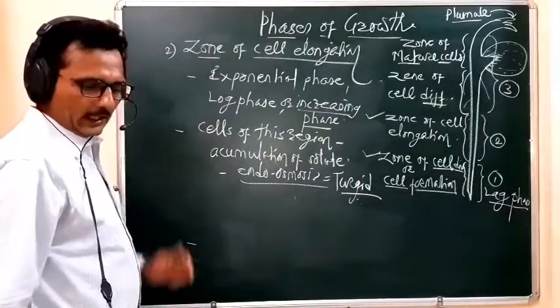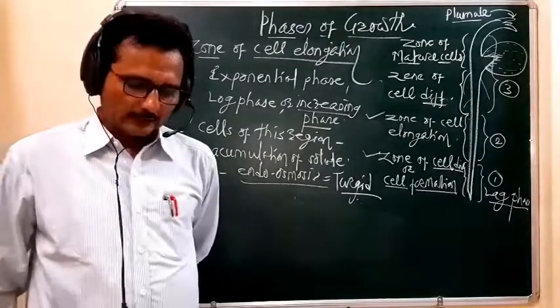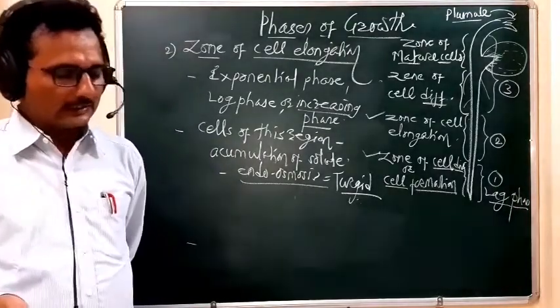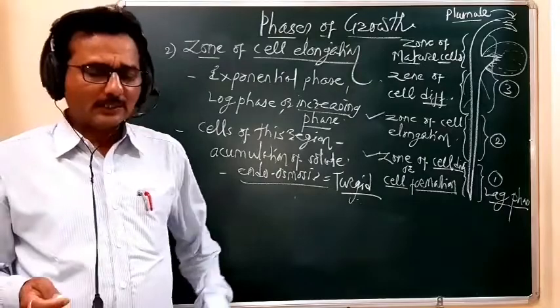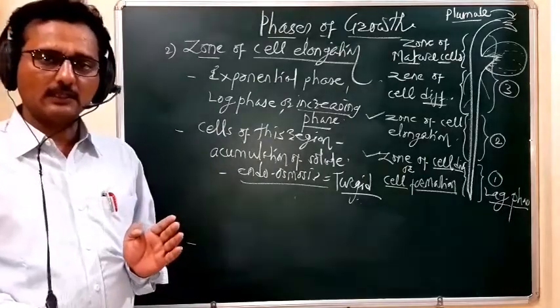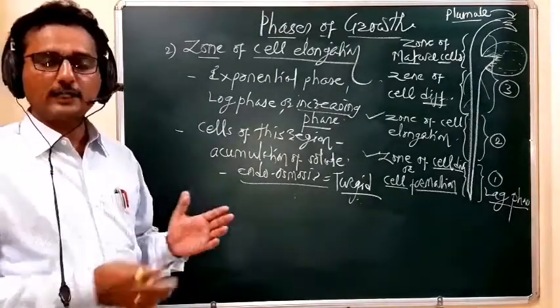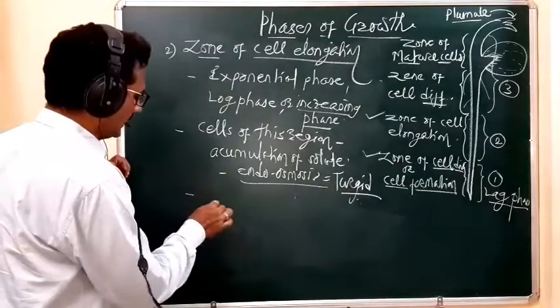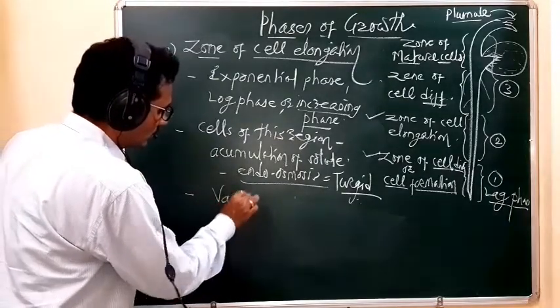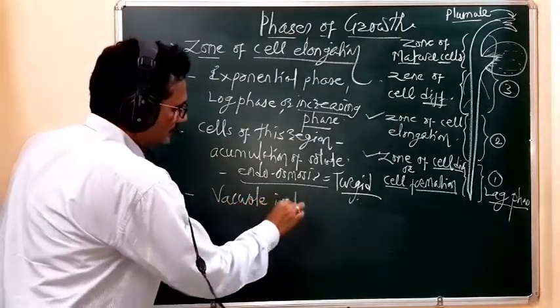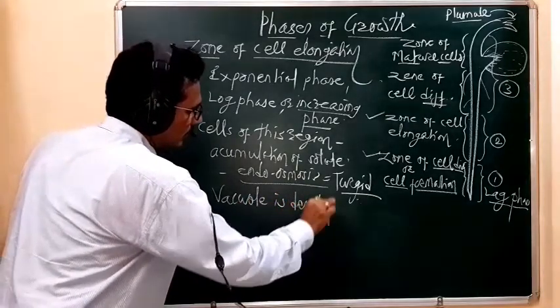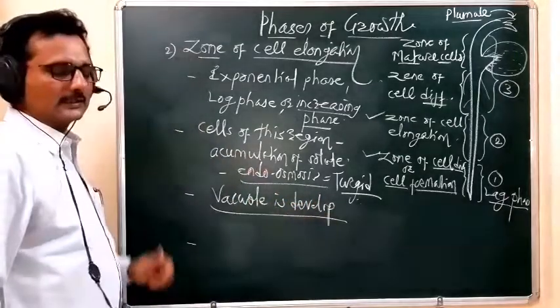And along with that, when the cells become turgid, side by side, the vacuole is developed inside the cell.